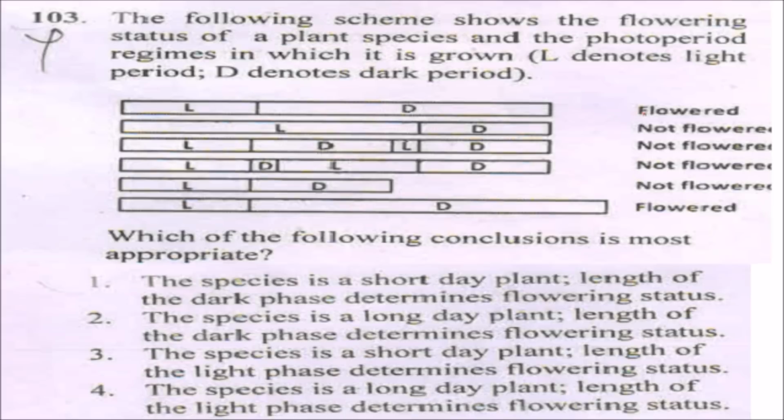Now we can say that in only two diagrams does the plant flower, the others do not support flowering, and in both of these two, the light period should not be the limitation for flowering, and the period which is determining the flowering status is the dark period. So the species is a short day plant. From here we can say that it is a short day plant, and the length of the dark phase determines the flowering status. So the option will be number 1.